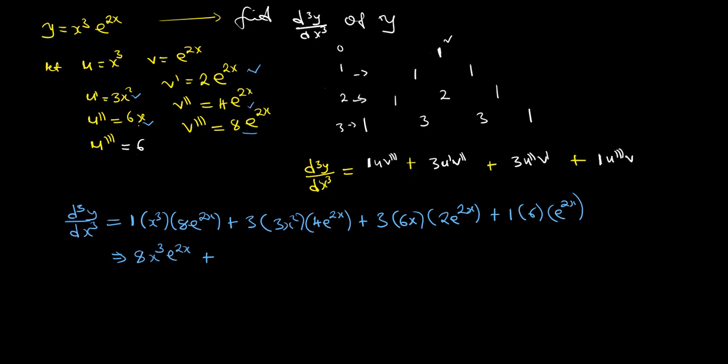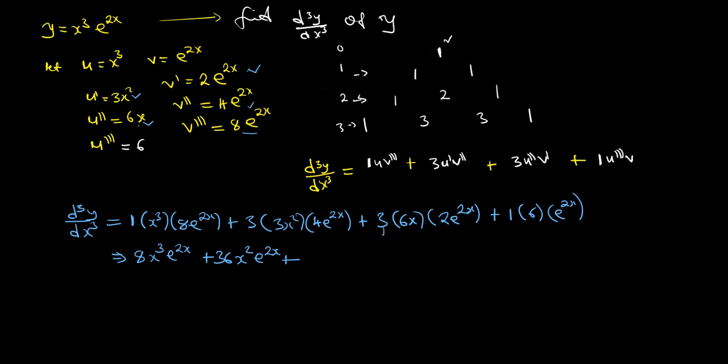Then plus, we multiply. What is 3 times 3? That's 9. 9 times 4, that is 36. So say 36, then we have x squared, then e to the power 2x, like that. Then plus, again you multiply now.